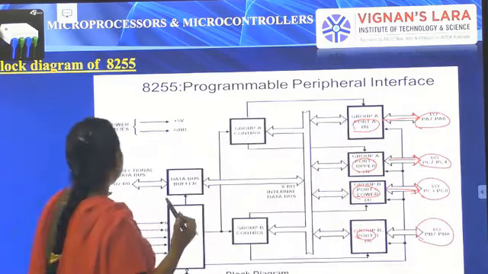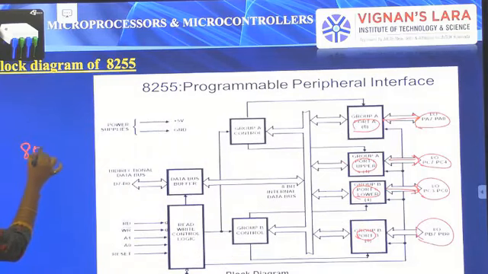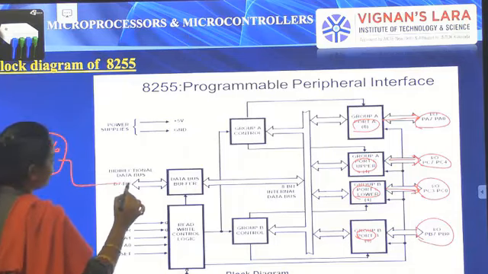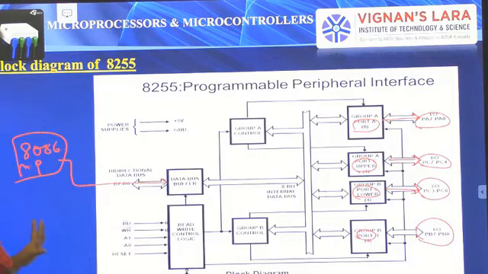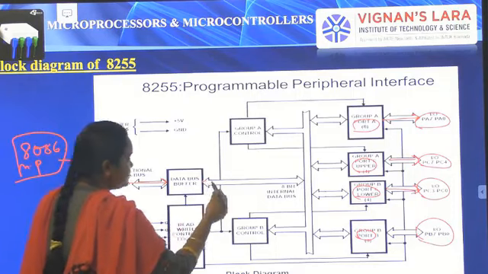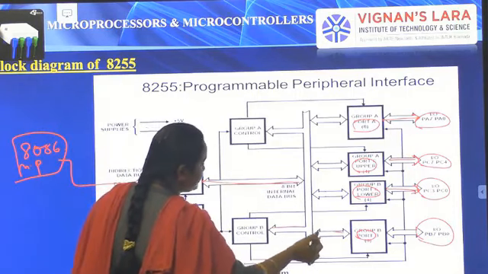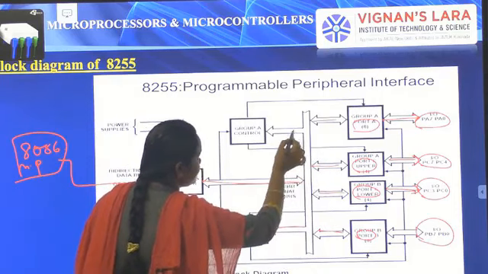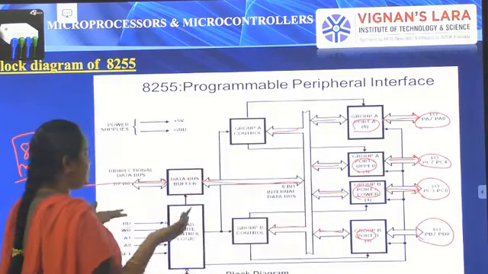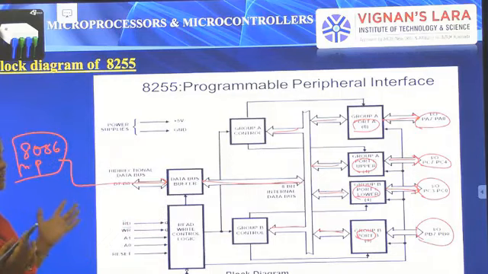Whatever the information from the 8086 microprocessor is sent to this 8255 by using the data buses D0 to D7. These are bidirectional buses. That means the information is sent from the input and output devices to the 8086, or from the 8086 to the input and output devices, whichever the direction.